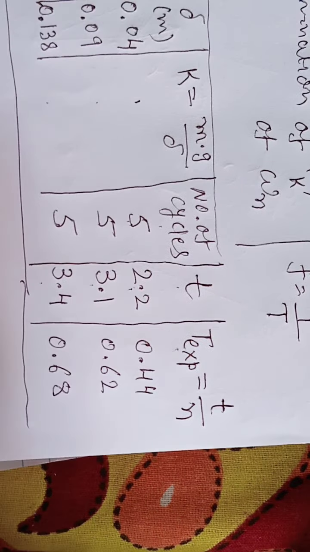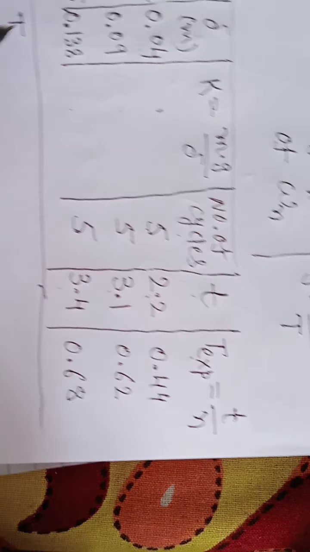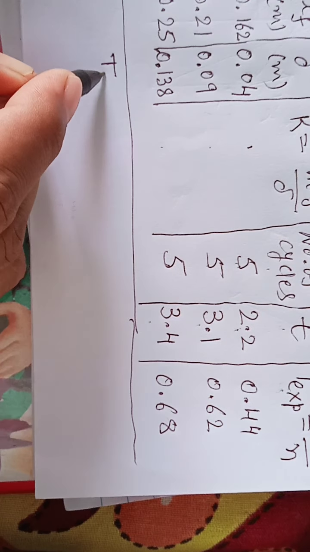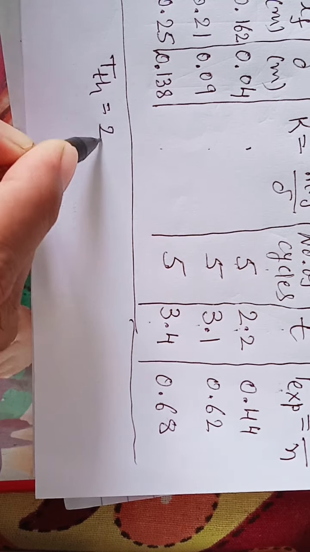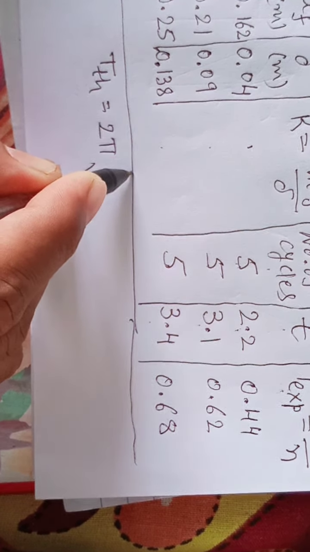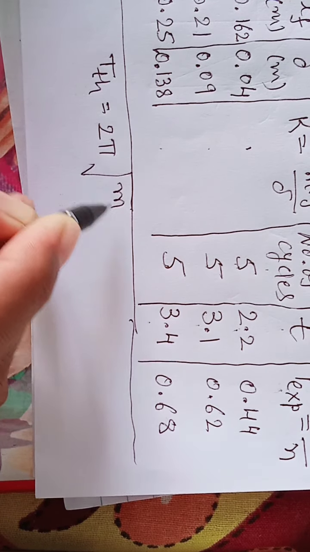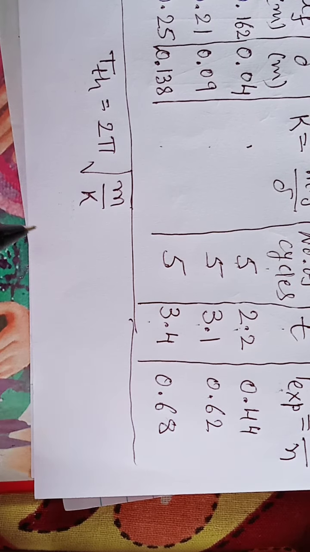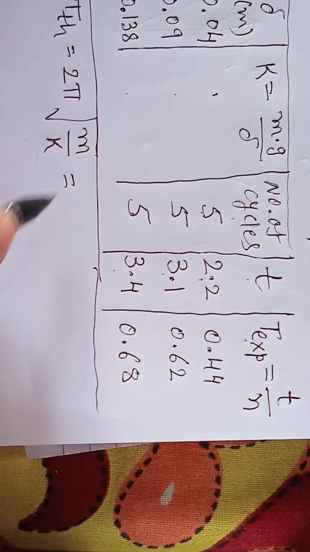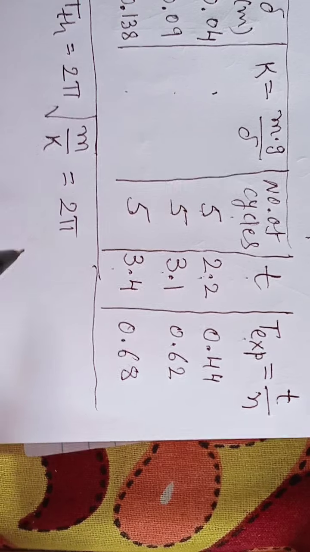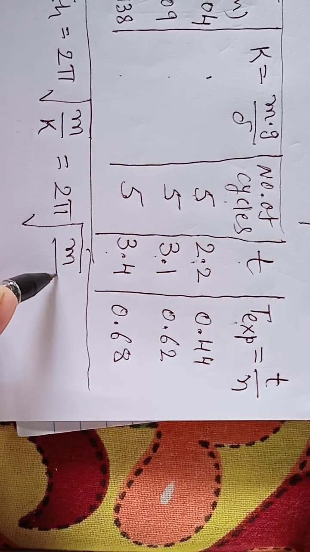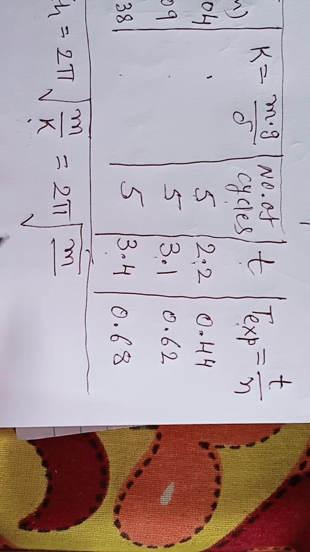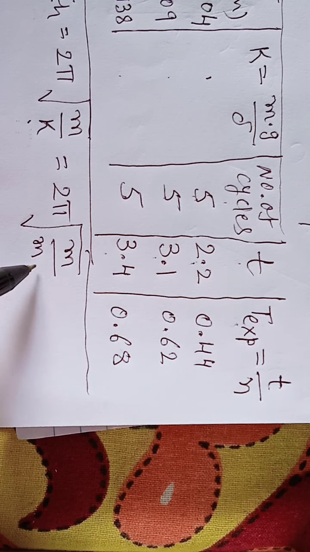now let us find T theoretical. Is it visible? Yes. T theoretical is equal to 2 pi square root m by k.